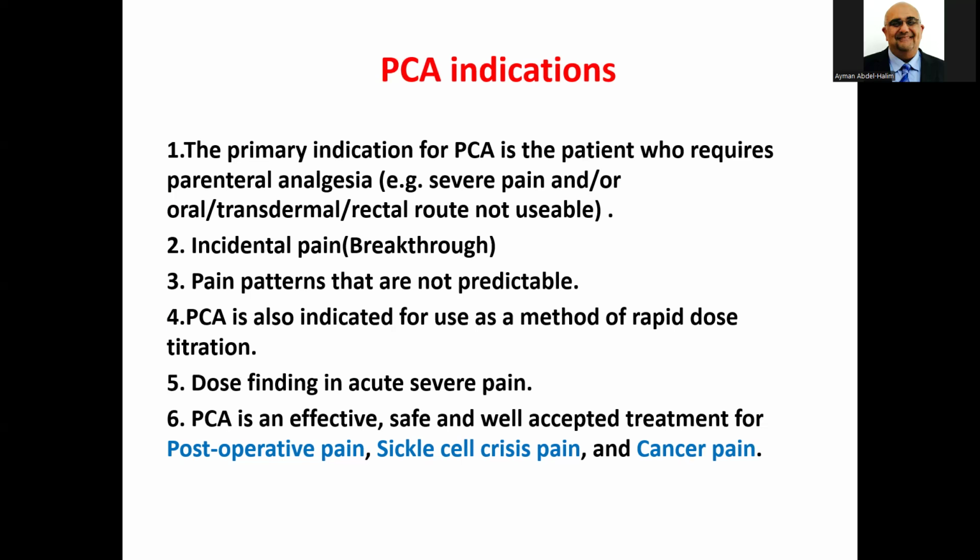Sometimes we have these difficult cases, and to really know how much we are going to need, you might want to start with a PCA, which will give you some sort of an idea of the patient's needs. Number 6 is PCA is an effective, safe, and well-accepted treatment for post-operative pain, sickle crisis pain, and acute cancer pain.